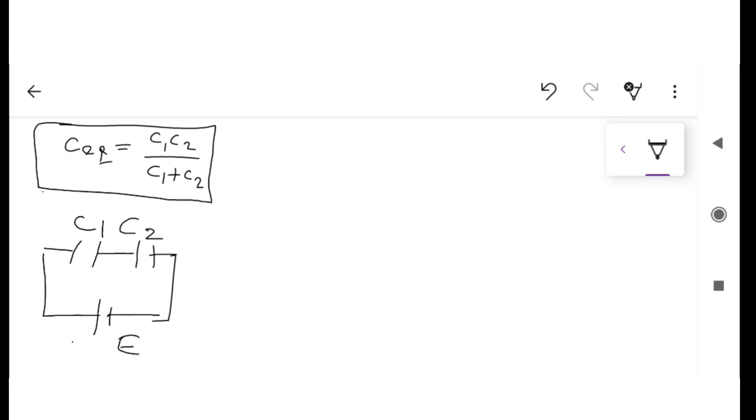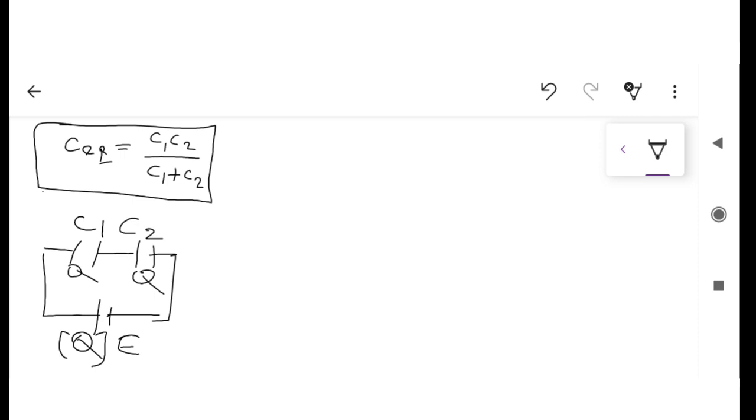This battery has a Q amount of charge, and that charge is not separated between the two capacitors, because this capacitor has a Q amount of charge and this capacitor has a Q amount of charge. The charge is not divided; both capacitors have the same charge.